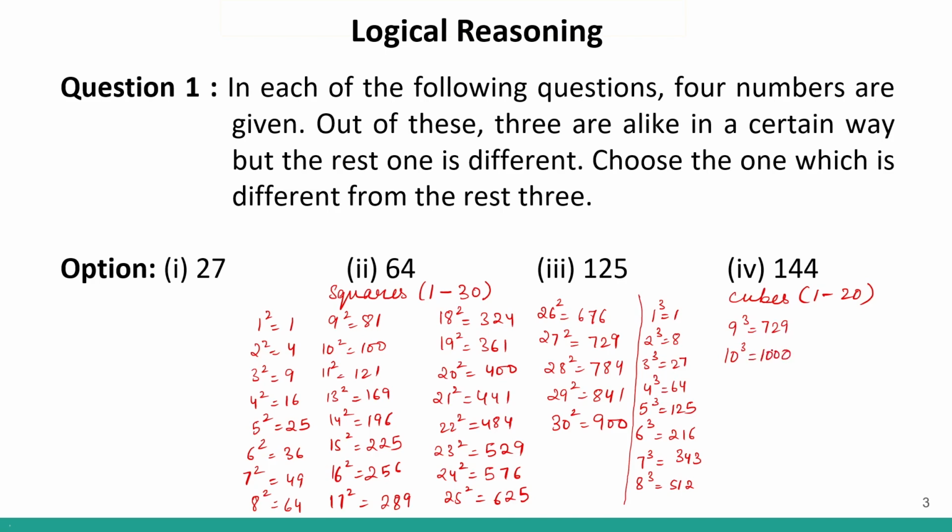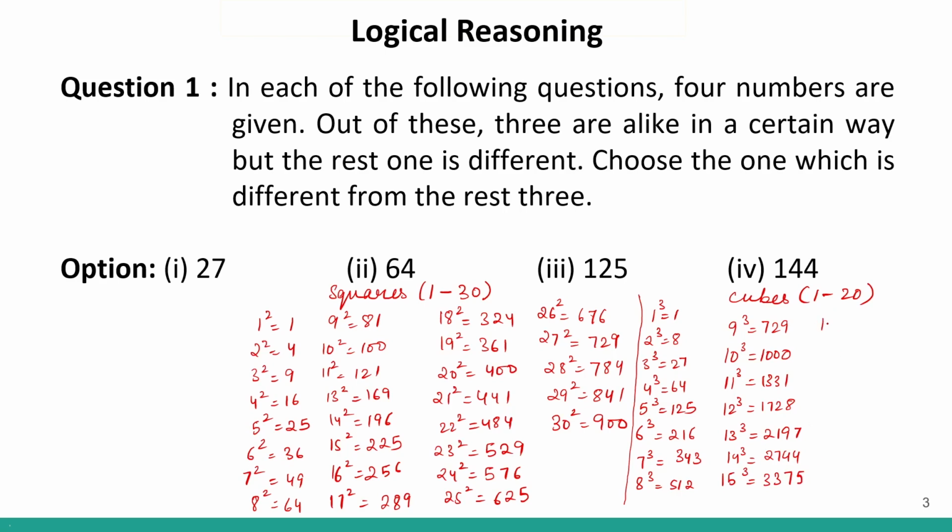Up till here you know. Now 11 cube is 1331, 12 cube is 1728, 13 cube is 2197, 14 cube is 2744, 15 cube is 3375.